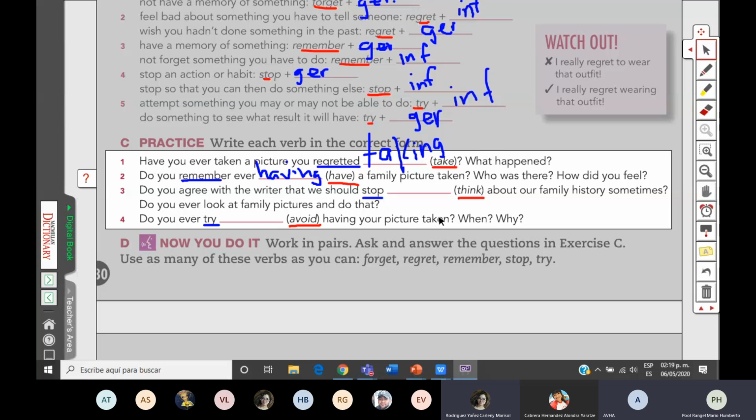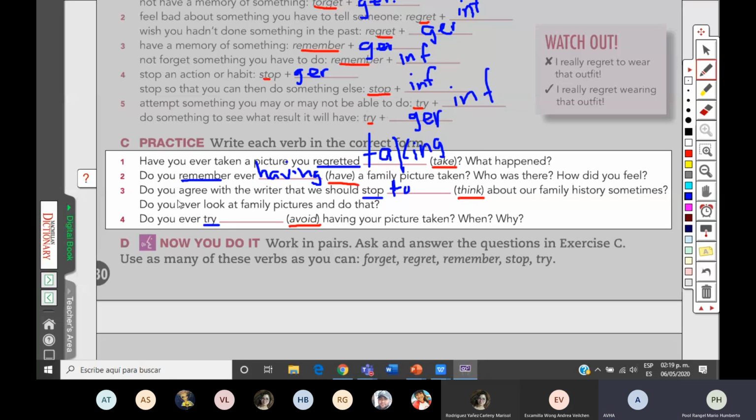Suddenly, we look at family photos and remember the family history and so on. So, do you agree with the writer that we should stop to think? To think? Very good. I'll just put it here. To think about family history sometimes.